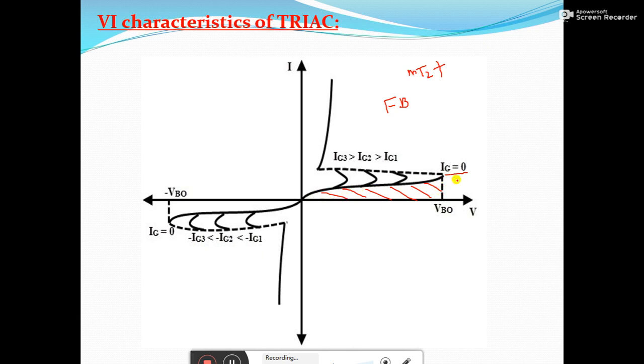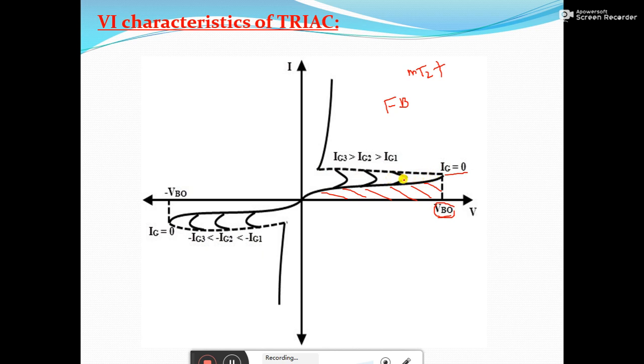Until the value of applied voltage is less than the VBO value, a very small current is going to result, that is a leakage current, due to minority charge carriers. Once the applied voltage becomes equal to VBO, again like SCR, here also it will show a negative resistance region, in the sense the current all of a sudden is going to increase, at the same time the voltage is going to decrease.